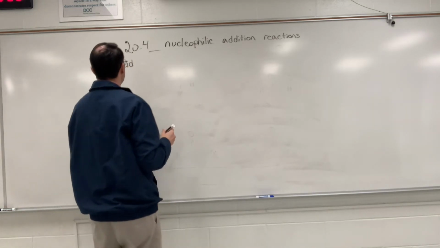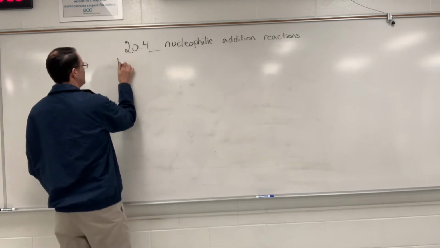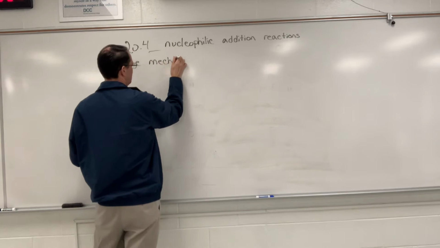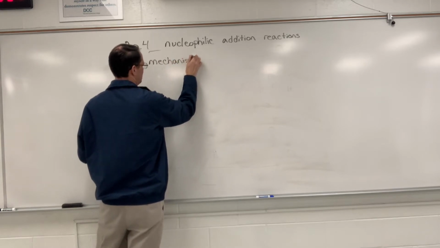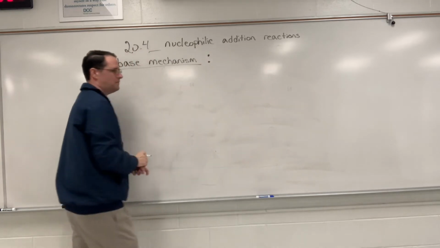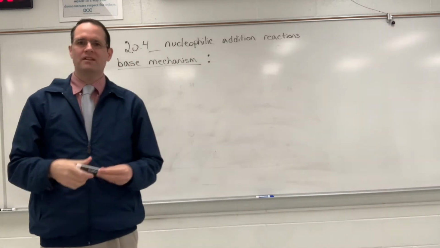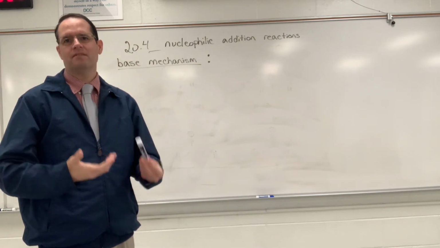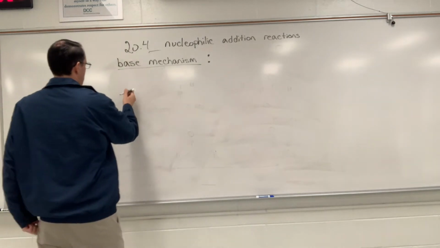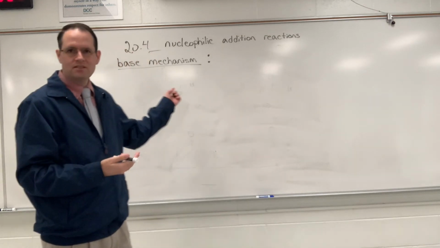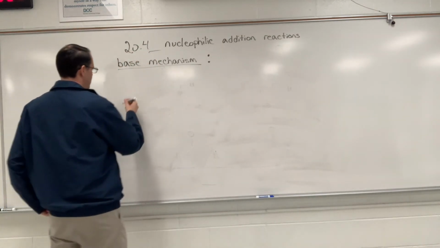Well, I'll do the base mechanism first. Now, because the carbon-oxygen pi bond is very polar, these are going to be polar or ionic mechanisms that involve charges. So I'll talk about which nucleophiles are basic in a second, but let's just talk about the base mechanism right now.